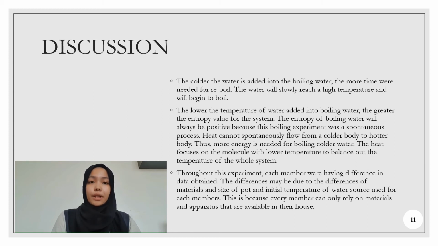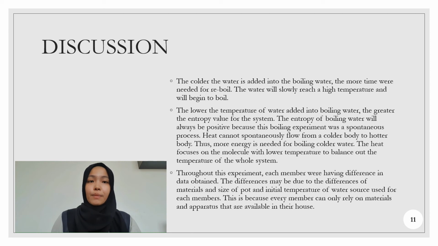In this experiment, the boiling water stops boiling when lower temperature is added into the boiling water. In this case, the lower temperature bodies were 125 milliliter of hot water, 125 milliliter of lukewarm water, 125 milliliter of cold water, and 125 milliliter of ice. The heat focuses on the molecules with lower temperature to balance out the temperature of the whole system.